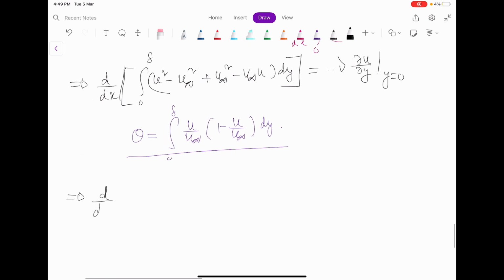So this will be equal to d dx of, so this u infinity will be cancelled out.